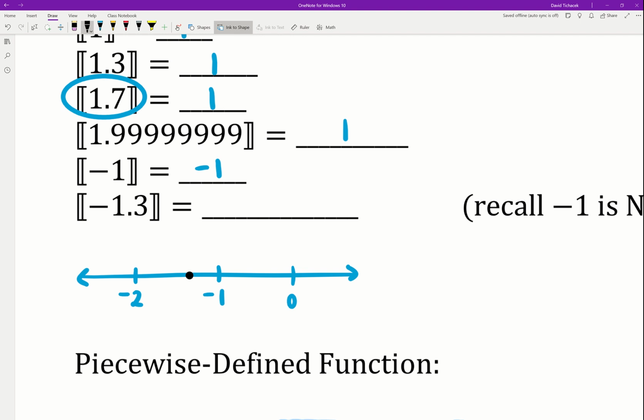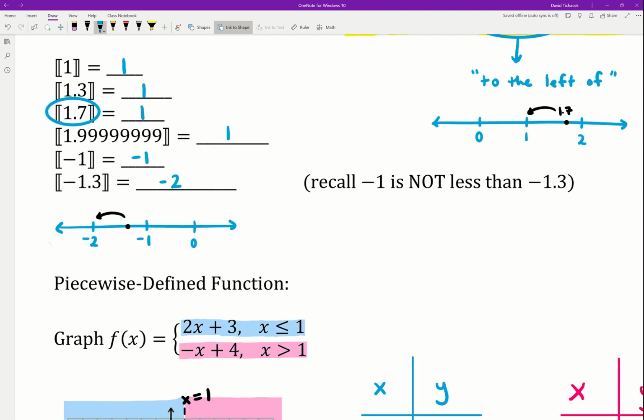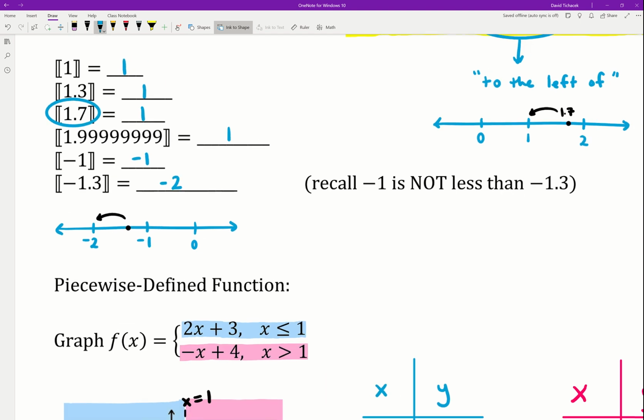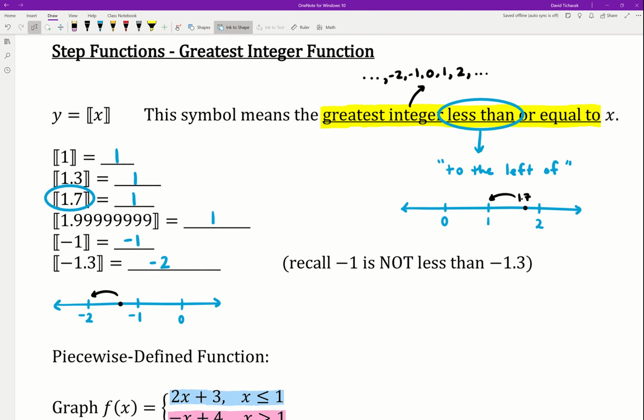Again, if we stick with that interpretation, we might say, even though it's super close to -1, the interpretation is less than or equal to, or in other words, to the left of on the number line. So the result there, weirdly enough, would actually be -2. So it says here that, recall, -1 is not less than -1.3 because it's not to the left of -1.3. It's to the right of -1.3. So I know that this is going to take some getting used to. It's a new type of function, but that is exactly the way that it's defined. You just want to think about what the greatest integer is, or the greatest counting number, positive or negative, that is less than or equal to the value inside of those brackets.